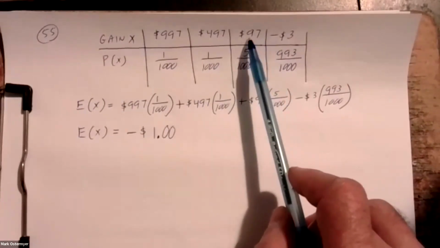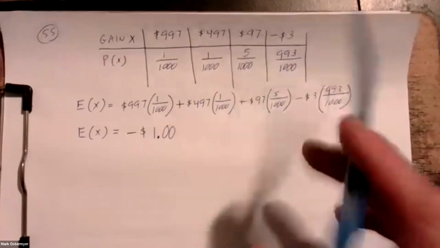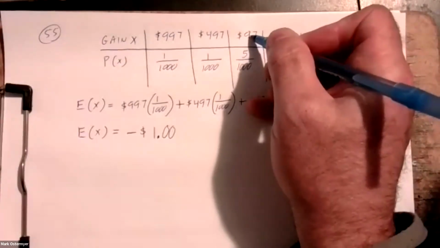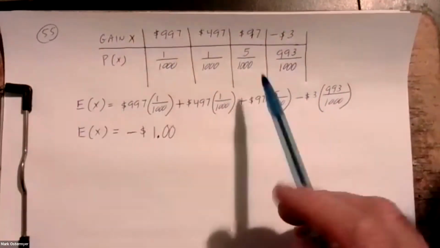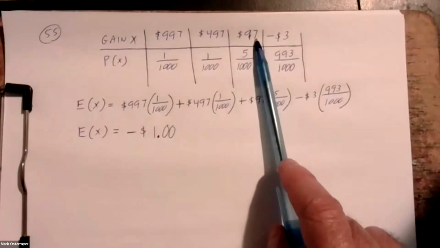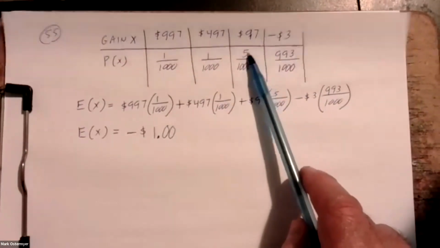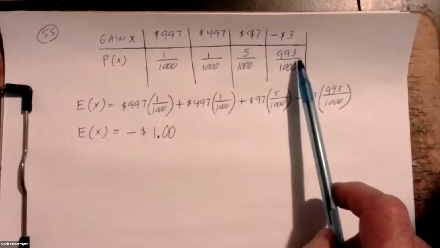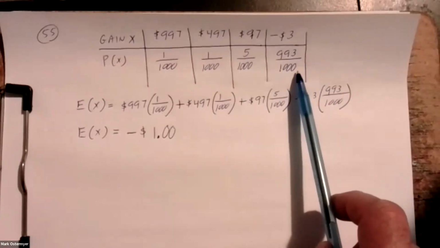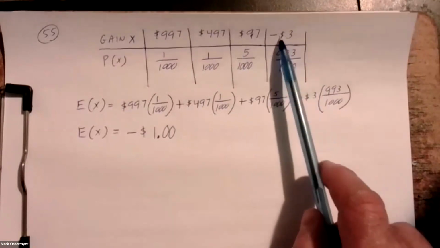There are 5 $100 prizes, so you'd net $97 with a probability of 5/1,000. You stand a 993 over 1,000 probability of losing $3.